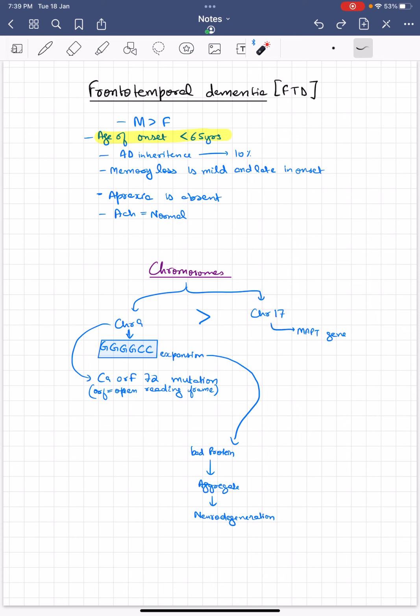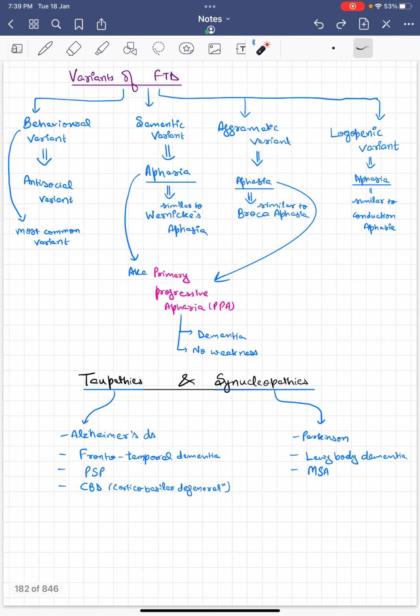I'm not going to remember this, I'm sure about that. Variants of frontotemporal dementia. There's a behavioral variant leading to antisocial behavior, which is the most common one. There's a semantic variant in which aphasia is seen, similar to Wernicke's aphasia, also known as primary progressive aphasia, dementia, and no weakness.